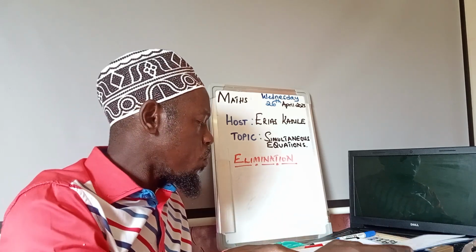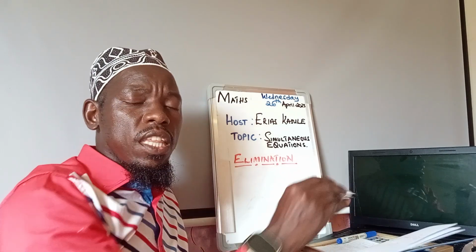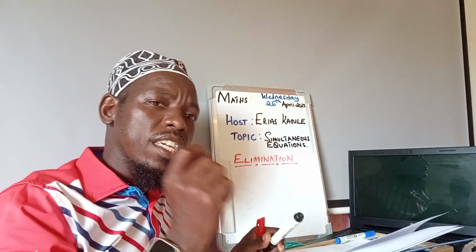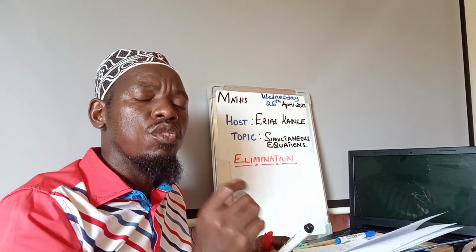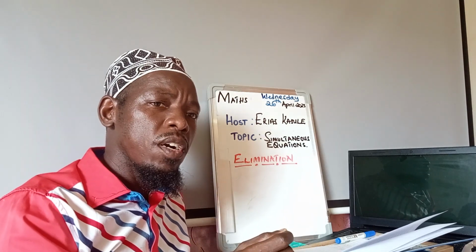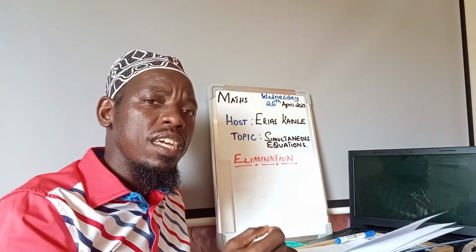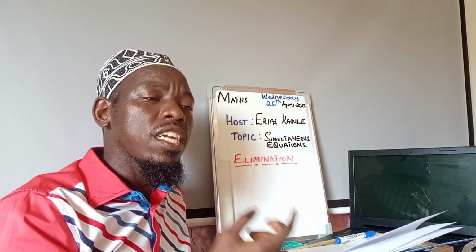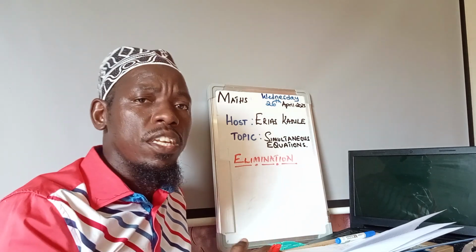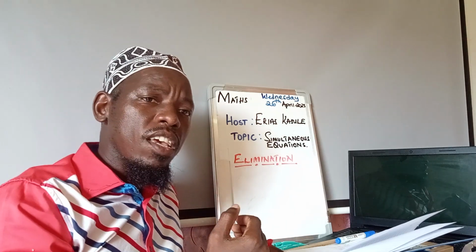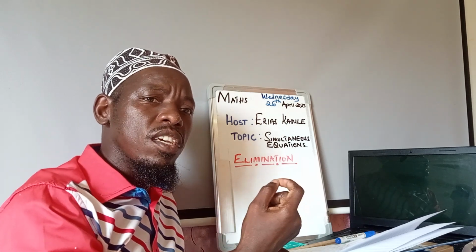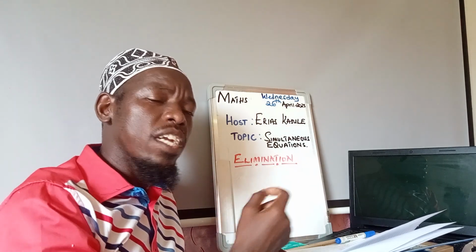What we call the variable is that unknown which we're going to solve. We call it a variable because it can take up any value. At the time when you're starting to solve, you don't know its value. Whereas coefficients are the constants, the numbers you are seeing on that variable.